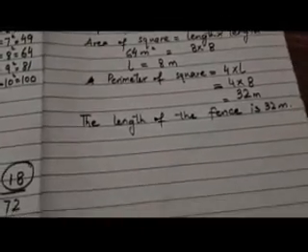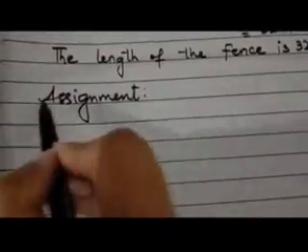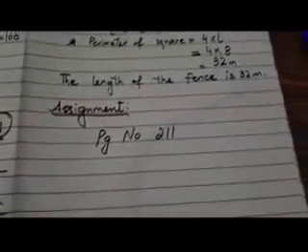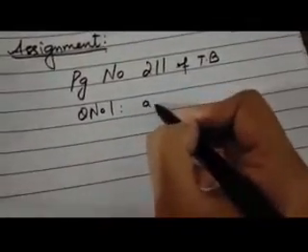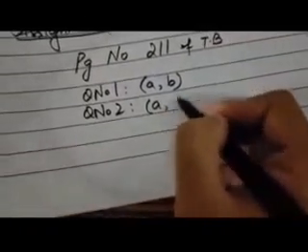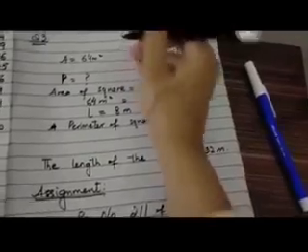Okay. Now I am giving you an assignment. That is your textbook page number 211. You can solve this textbook page number 211. Question number 1, A and B part. Question number 2, A and B part, and this is question number 3 that I have solved already.